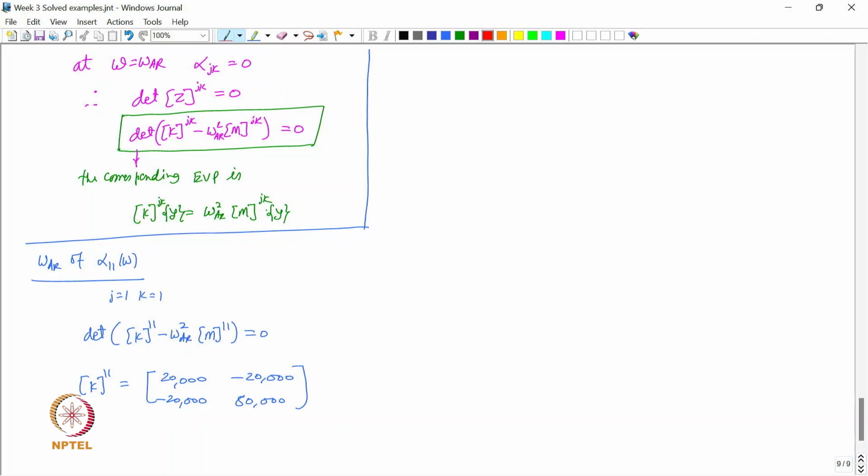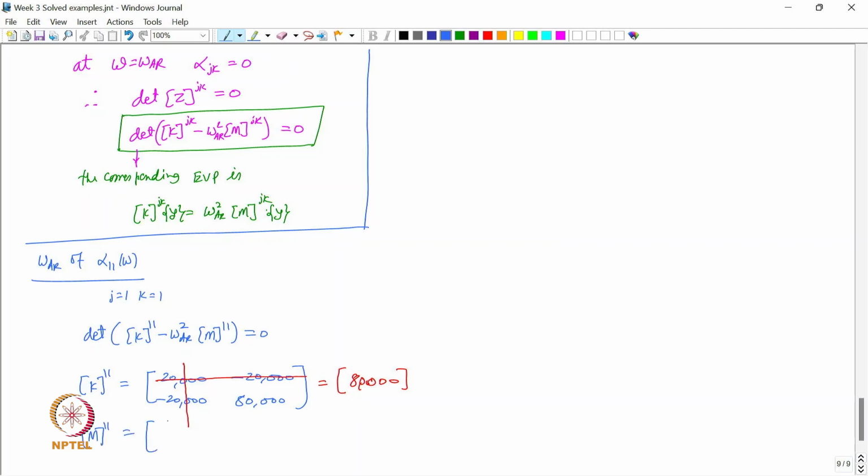So, let me strike off that row. So, this is the first row I am striking off, and then the first column. So, the first column is this one, right. So, we have to remove these, and then the remaining matrix is K11. So, it means that the remaining matrix would be simply 80,000, right, like this.